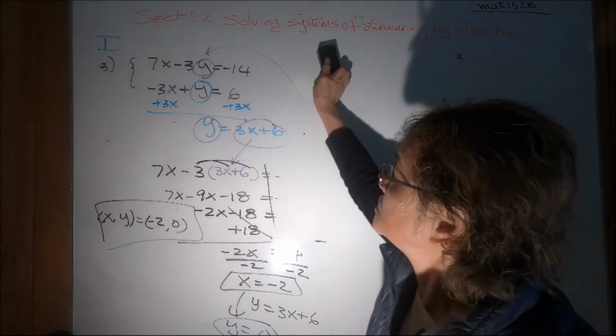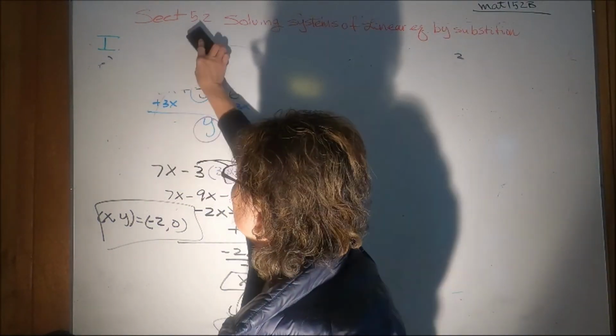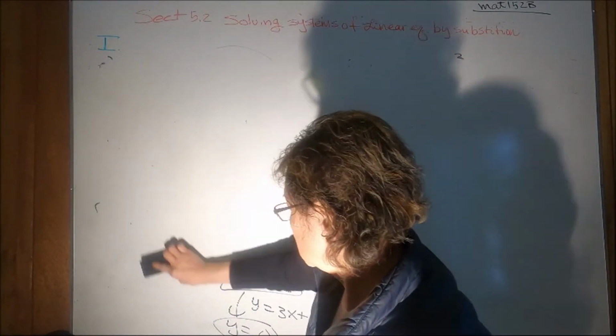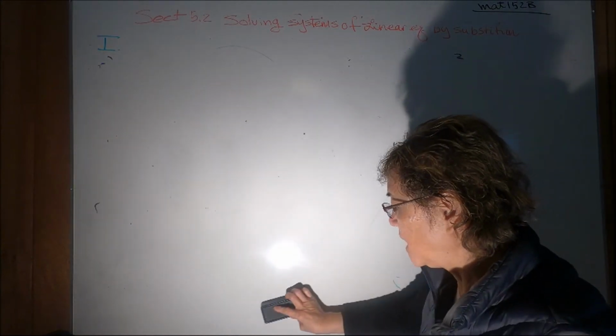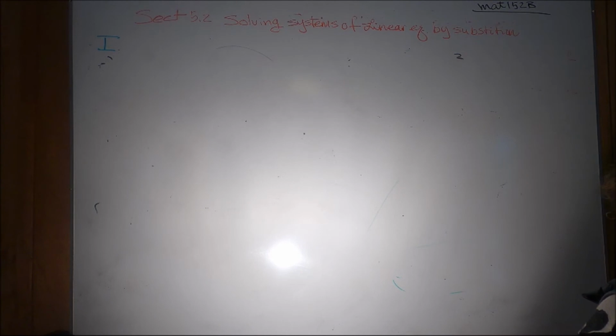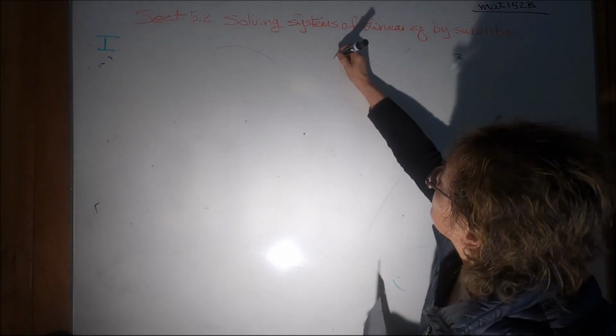So when the conditions are always true, that means you have identical lines. If it's always false, that means you cannot find the answer, right? Or you can find that one answer, as we did earlier.